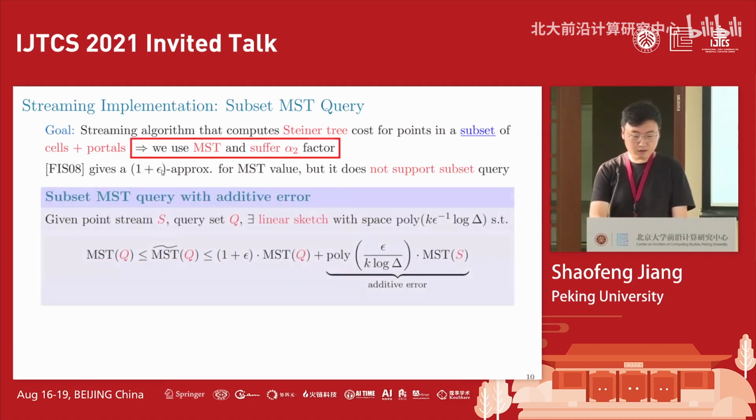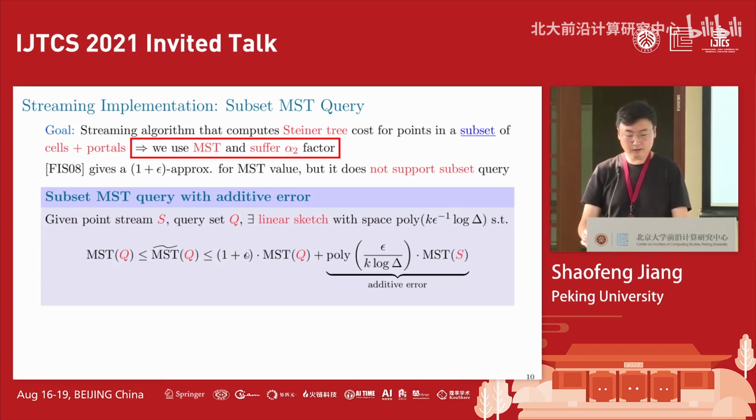So our technical contribution here is to design a subset MST query streaming algorithm. But since it needs to support this stronger subset query, unfortunately it requires an additive error.